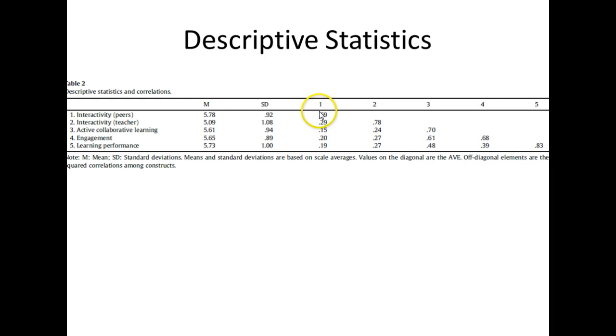And then the items that are not on the diagonal but off the diagonal, so we pair item 1 with item 2, these are just the correlations between each of the constructs. So the relationship between interactivity with peers and interactivity with teachers is 0.29.